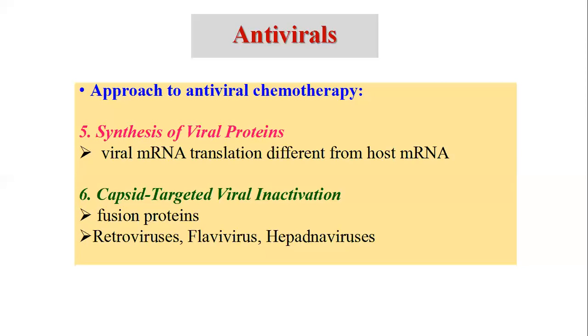The sixth approach is capsid-targeted viral inactivation. This is a very new approach. Here, the scientists are mostly targeting the fusion proteins that are responsible for polyprotein synthesis or capsid synthesis and assembly.